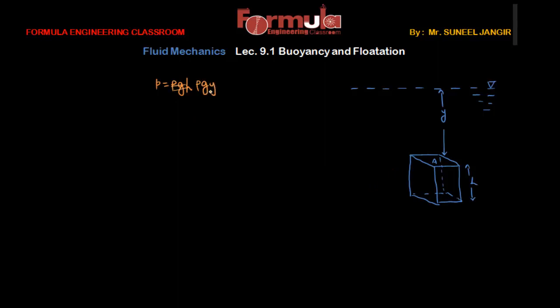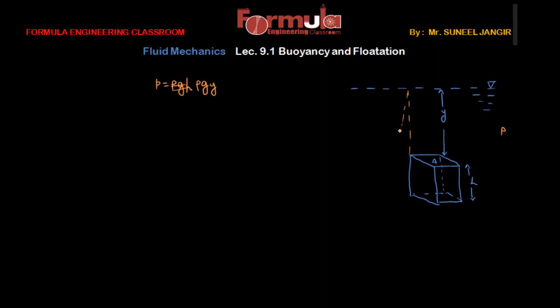From this hydrostatic law we can easily tell the pressure intensity at the top face of this fluid element. This is at a distance y below the free surface, and rho is the density of the fluid. So the intensity of pressure at the top face of this fluid element will be rho g y. We can draw it like that.